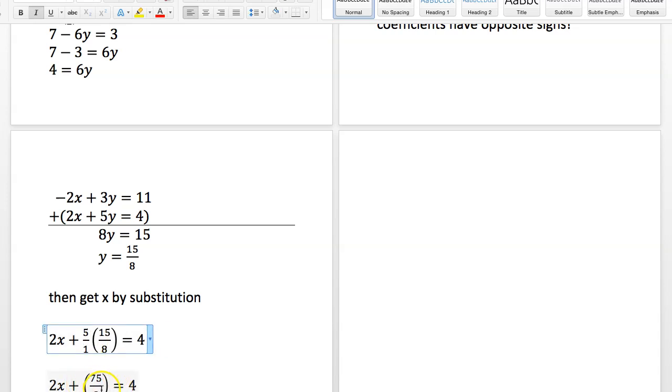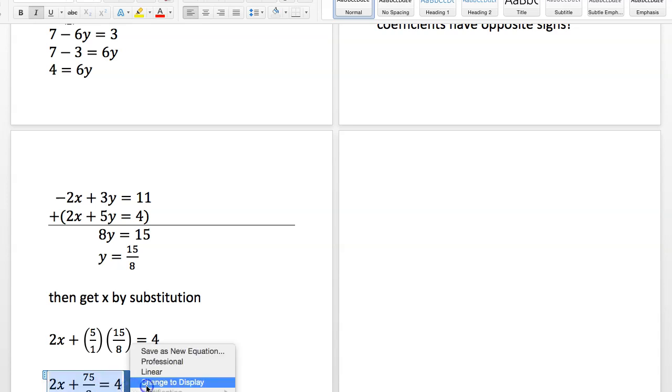So we get 75 over 8. If I write it like that, I ought to probably use parentheses, but the parentheses are foolish if I do that. So 75 over 8.